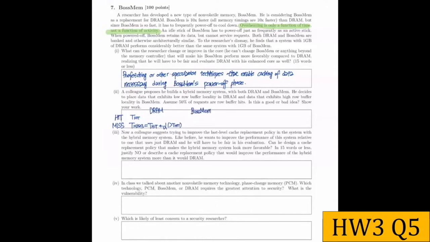And when it comes to BOSMEM, as explained in the question, BOSMEM is architecturally similar to DRAM. So its row hit latency should also be comparable to T hit, right? On the other hand, as its timing parameters are 10 times shorter than those of DRAM, its row miss penalty, which is alpha, should also be 10% of that of DRAM, right?